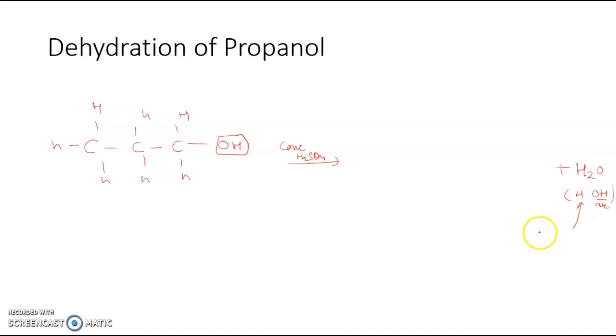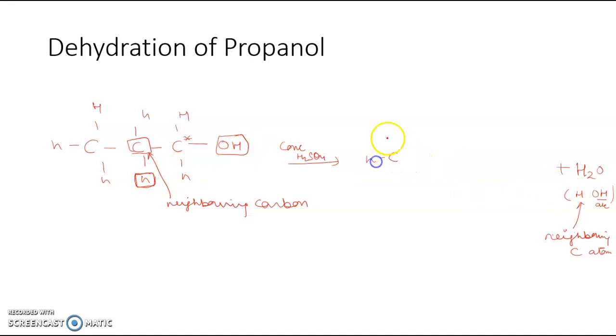It's important to note that the next hydrogen would be obtained from the neighboring carbon. So you've got to check the neighboring carbon atom. That's the carbon next to the one which is holding the OH. So it's this carbon. So it's from this carbon that you remove a hydrogen. So let's take out this hydrogen. H and OH combine to give you water.